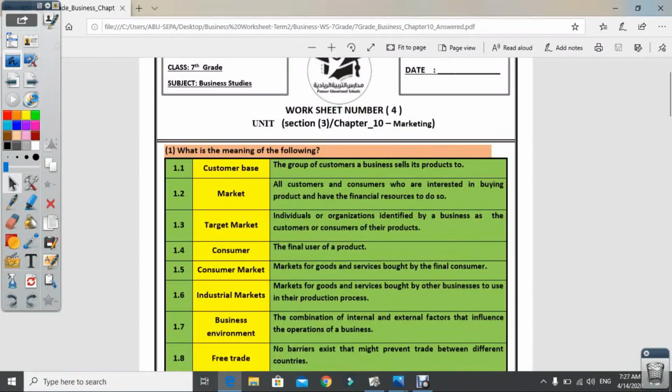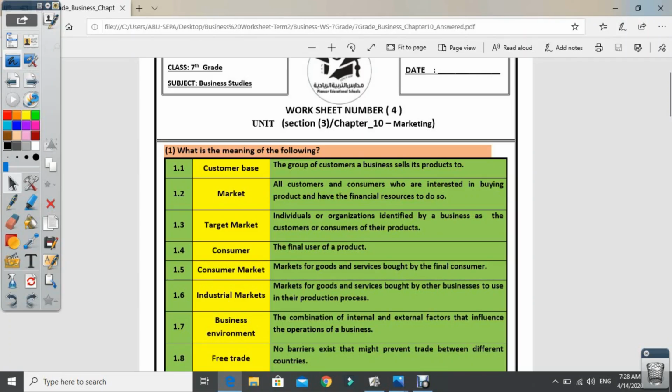The first one, customer base. Customer base means the group of customers a business sells its product to. This definition is on page 140. Customer base: the group of customers a business sells its product to.